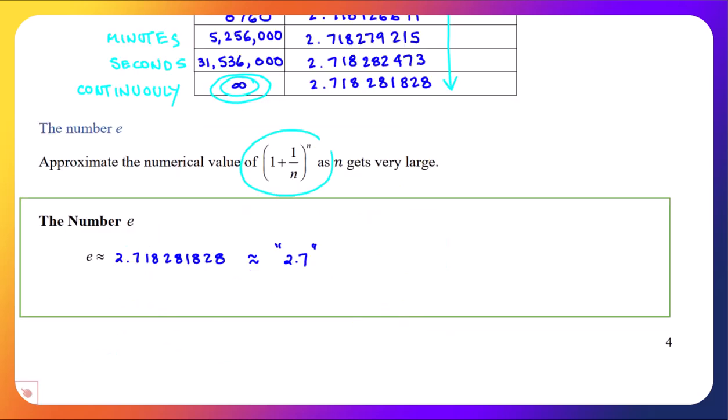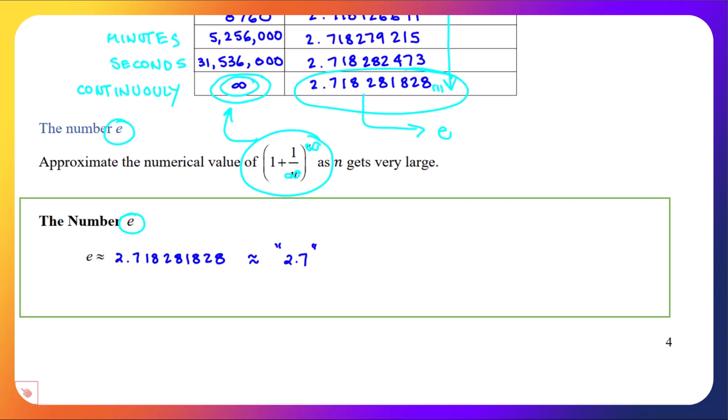This idea, as n goes to infinity, is something very special that we use in mathematics. And we have a very special name for this number, and that number is E. And I hope you know this goes on forever.